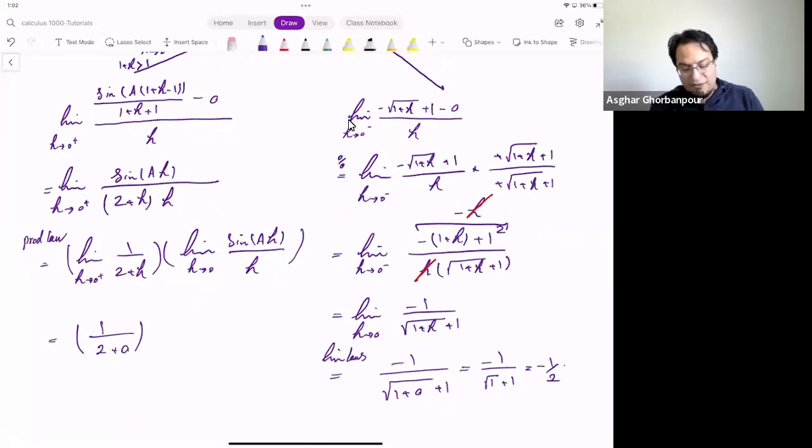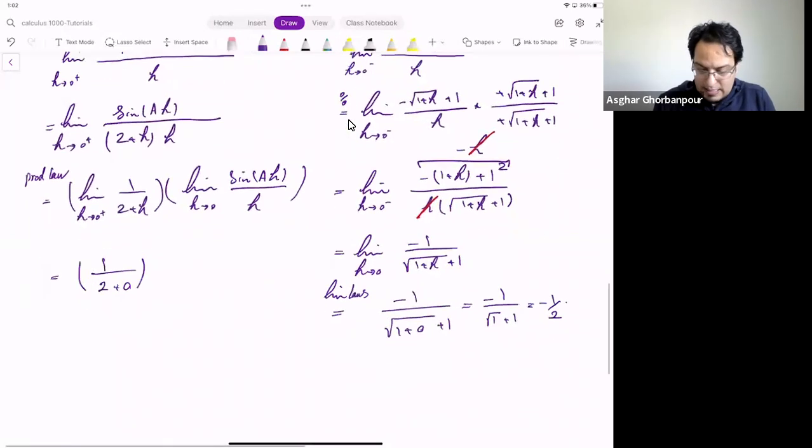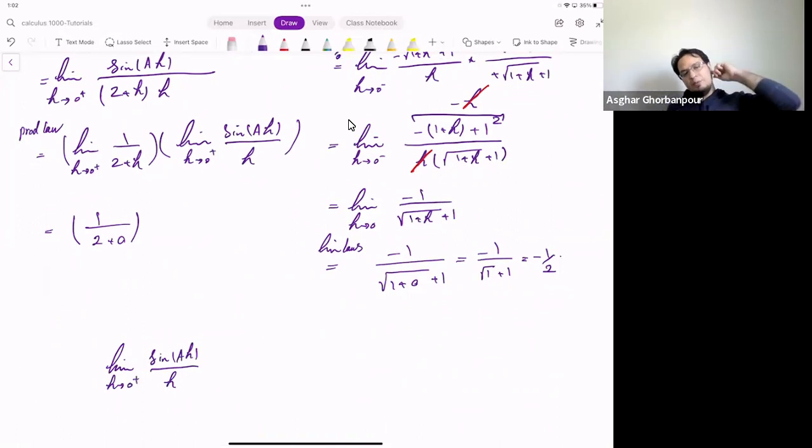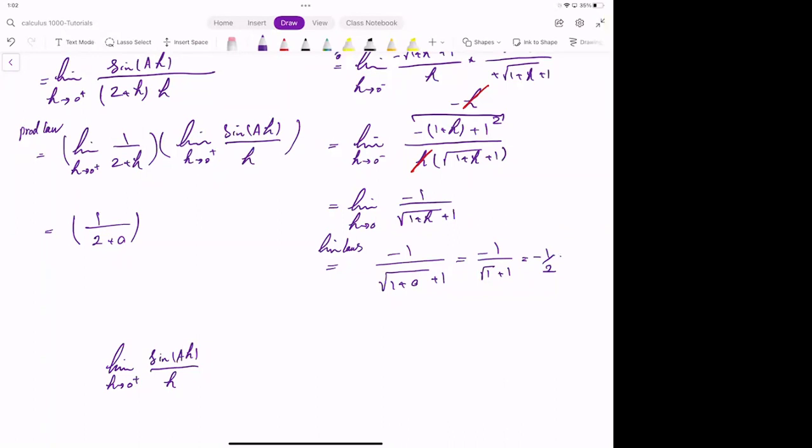How about the limit of sine of ah over h as h goes to 0 plus? Can anyone tell me what is that value there? Wouldn't it be an infinite limit?